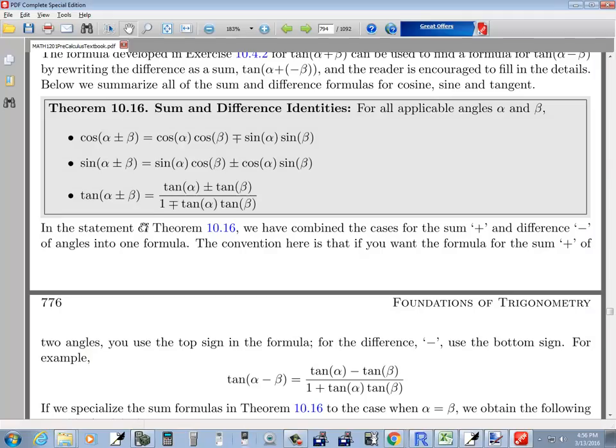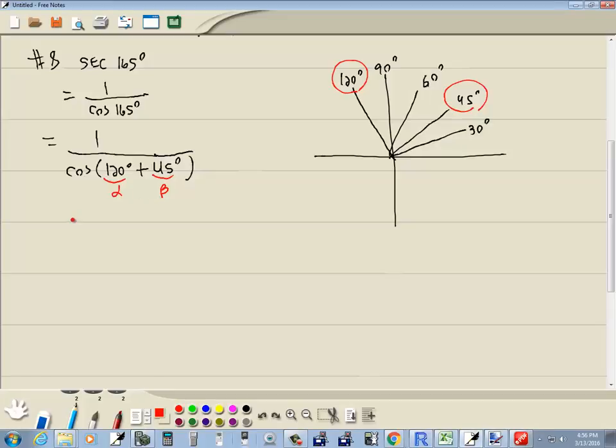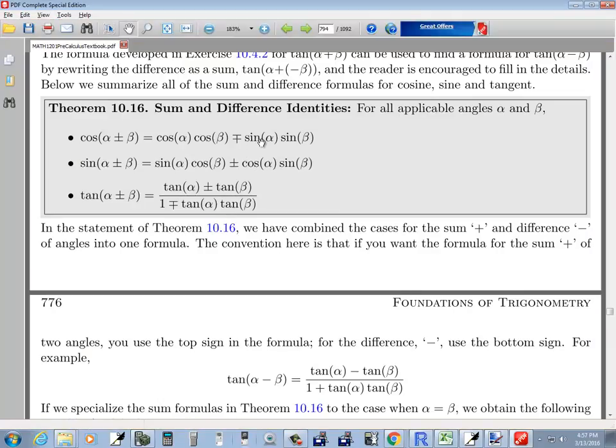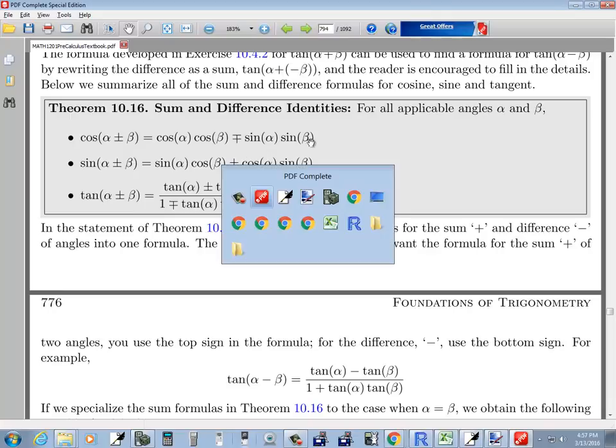So we're looking for the addition. Cosine alpha, and then it's a plus on top, which means we're going to use the sign that's on top here. So we've got cosine alpha, cosine beta, minus sine alpha, sine beta.